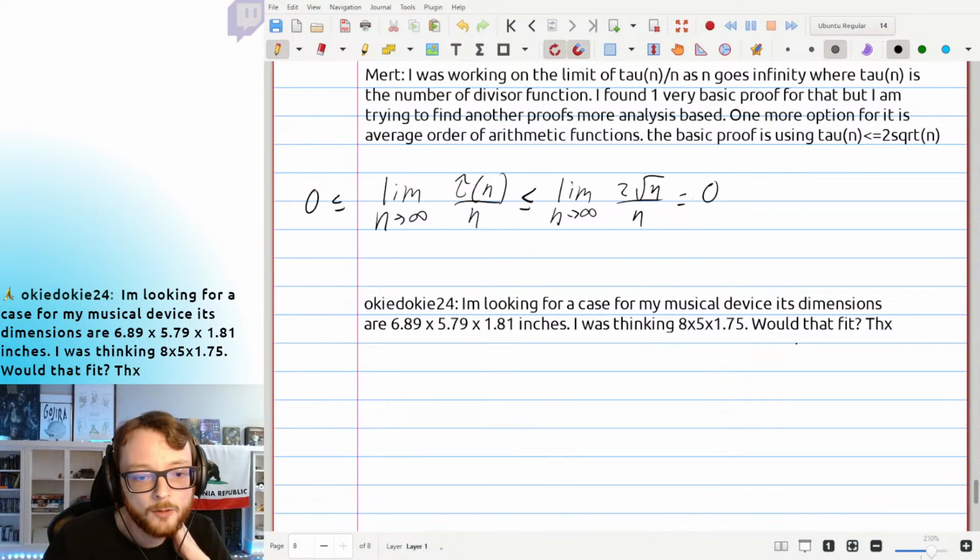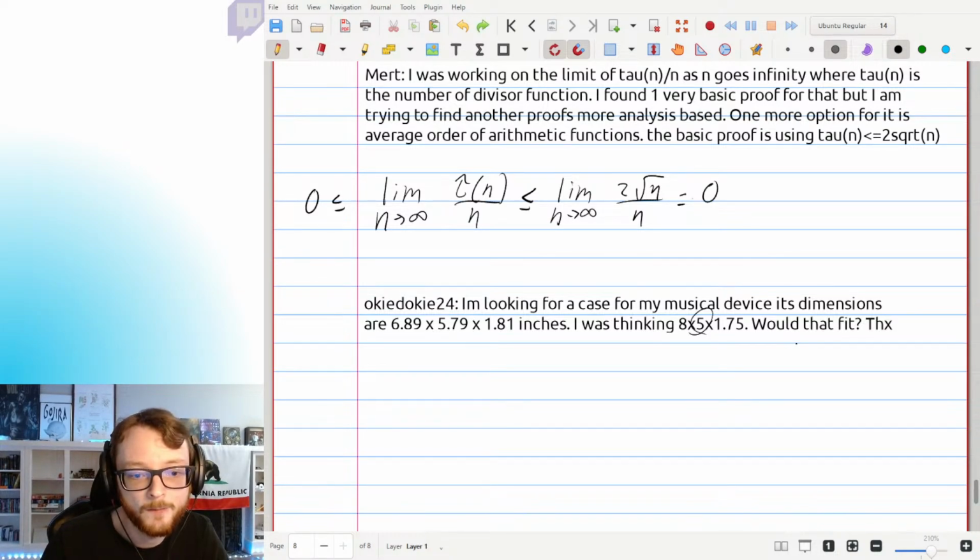The way you would think about this is you need to have each of these dimensions for your case be greater than the dimensions of the instrument. And so on the first dimension, 6.89 and 8, you're okay. But on the next two, I think you're failing. 5.79 is too big for the 5, and 1.75 is too small for the 1.81. So I think that's just a little bit too small.